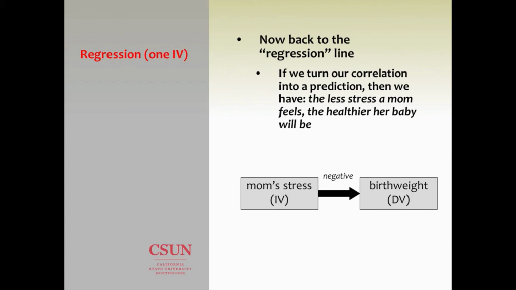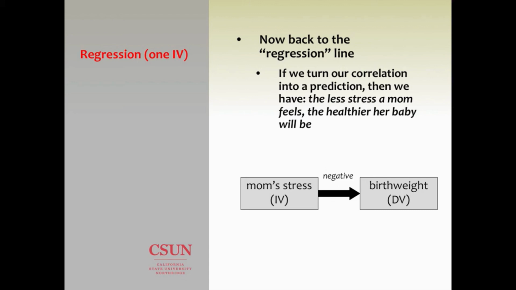So then it's no longer a correlation, it's a prediction. We have an independent variable, we have a dependent variable, and it's no longer appropriate to use a correlation. Now we move toward a regression approach, which again, mathematically is going to be related.